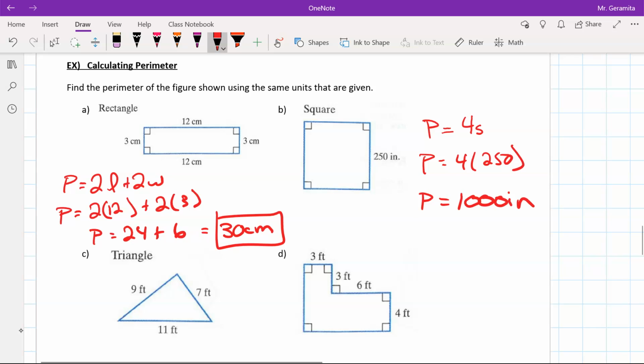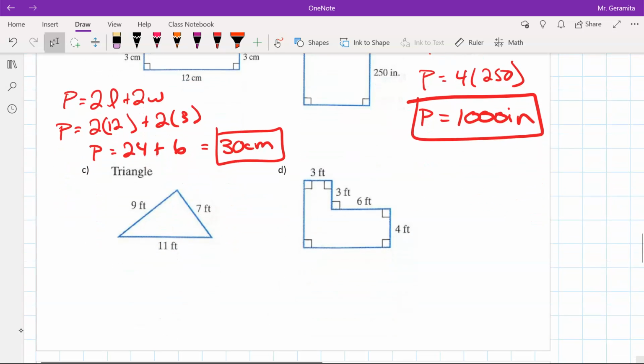And if you notice, these are in normal units. Perimeter for a triangle, I don't think there is like any actual equation. So we're going to do 9 plus 7 plus 11. 9 and 7 is 16. 16 and 11 is 27 feet.